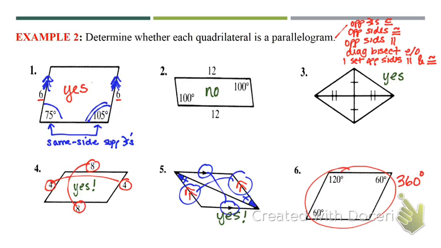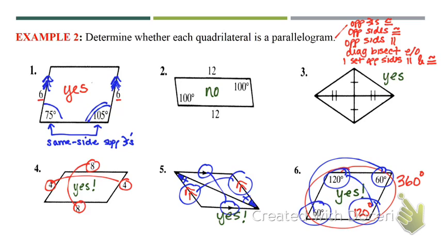And in the last one, since I know the total number of degrees in the parallelogram has to be 360, because it's a quadrilateral, that last angle that isn't shown has to be 120. And once I know that I have 120, I've got 2 pairs of opposite angles congruent, and that makes this one a yes.